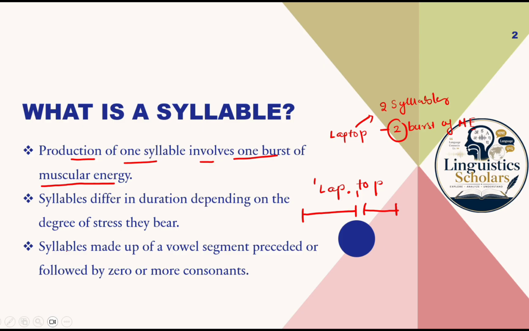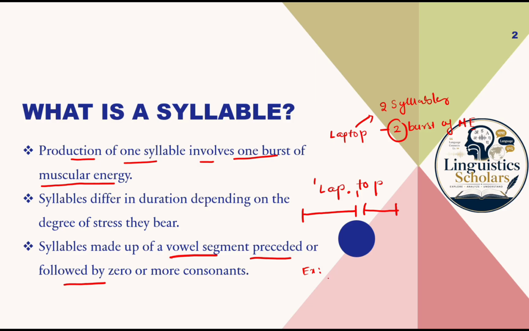Clear? Syllables are made up of a vowel segment preceded or followed by zero or more consonants. Let me give you multiple examples to understand this.